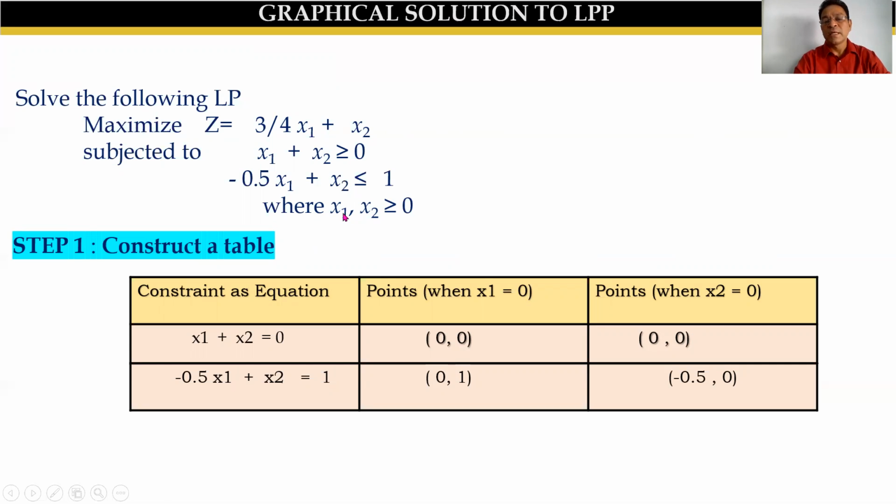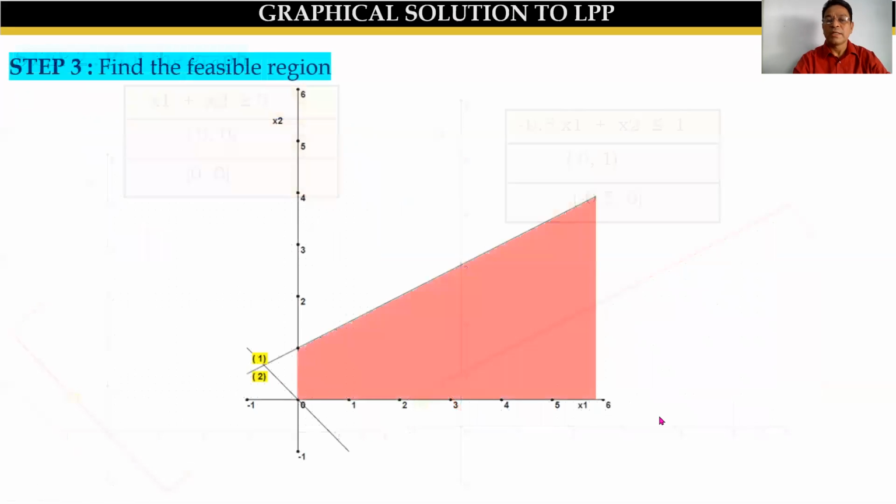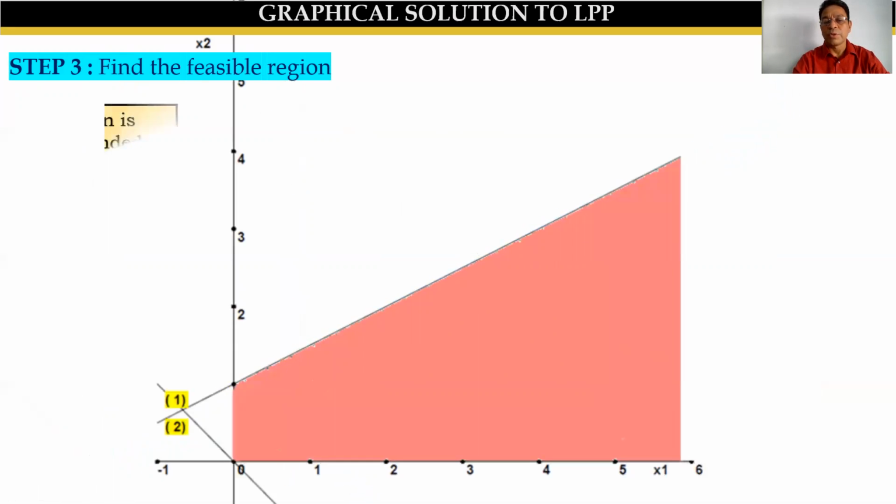The only binding is that the x1 value should be greater than or equal to 0. Such a solution, where there is no binding on the value of one of the decision variables or both, is called an unbounded solution. So you can say that here the solution is unbounded.